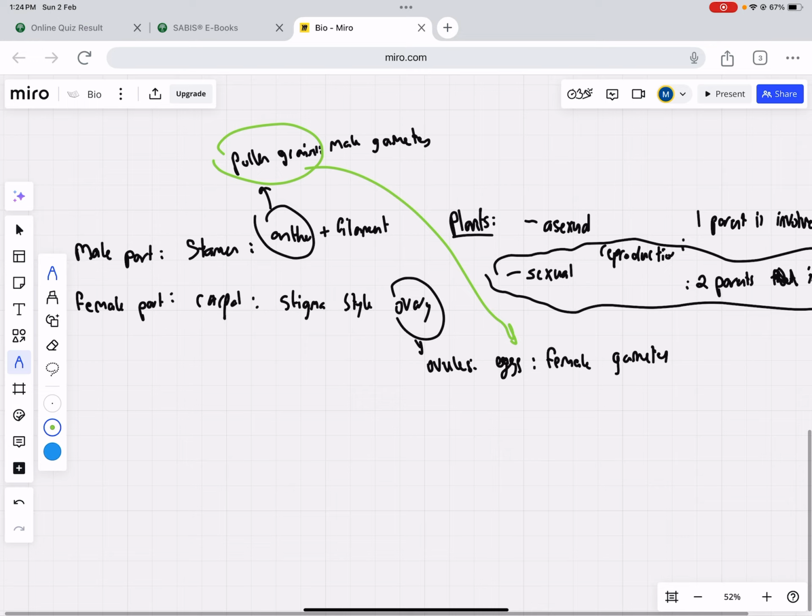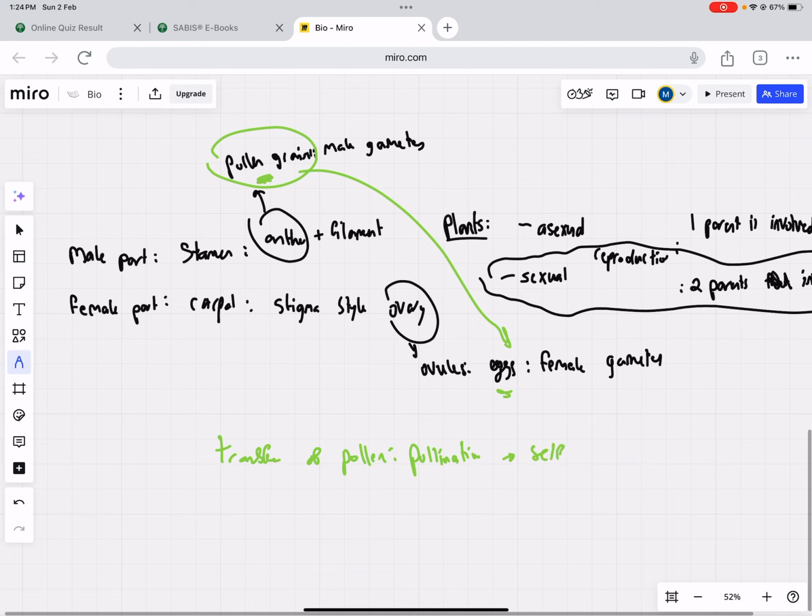Once they fuse together, remember we call this process fertilization, and after fertilization, we get a zygote. So the way I'm going to transfer this pollen to the eggs, the transfer of pollen, we call it pollination. Now I have two methods of pollination.